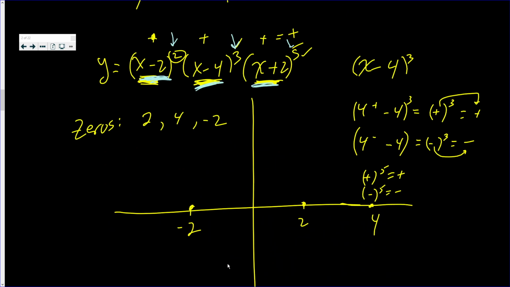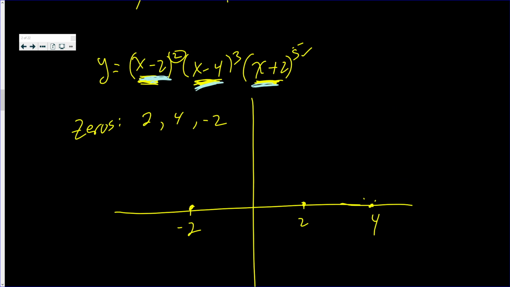So, what we know here is the sign will not change at 2. Well, what makes the sign change at 2? If you go from negative to positive, or you go from positive to negative. Well, we won't do that. We will not cross that yellow line.